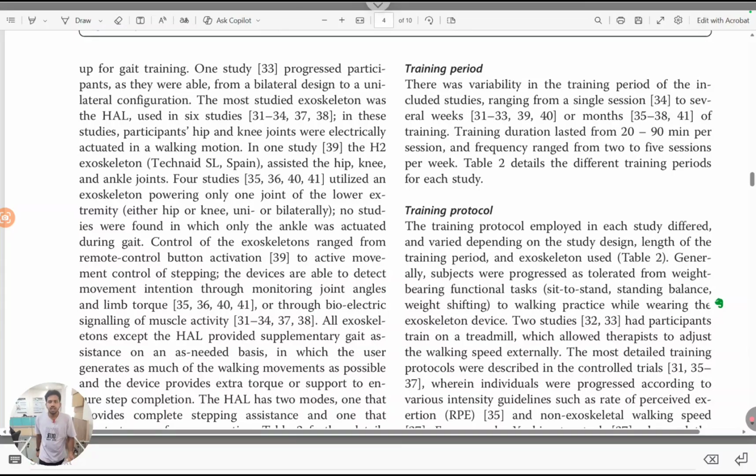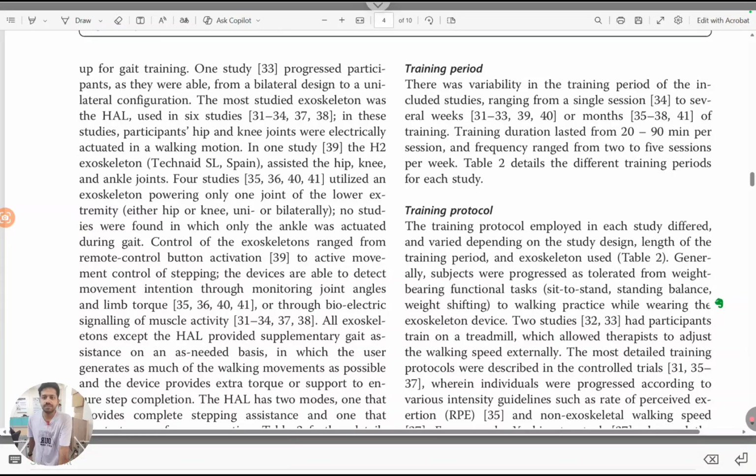Control of the exoskeleton ranged from remote control button activation to active movement control of stepping. The devices are able to detect movement intention through monitoring joint angles and limb torque, or through bioelectric signaling of muscle activity.